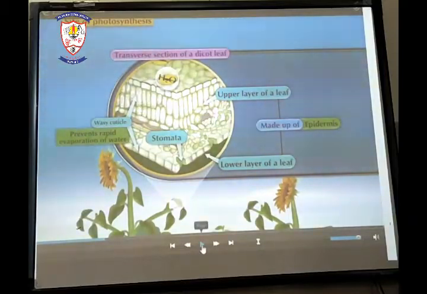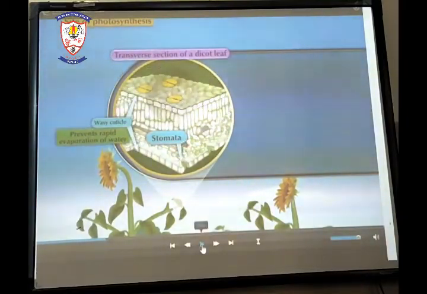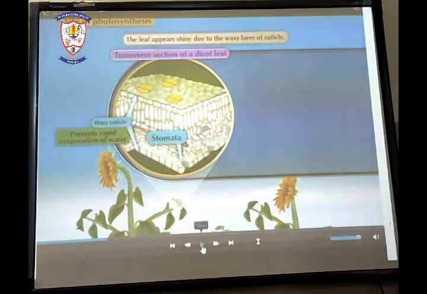This prevents the rapid evaporation of water and protects from the loss of water. The waxy cuticle on the upper surface also reflects some harmful solar radiation, and the leaf appears shiny due to the waxy layer of this cuticle.